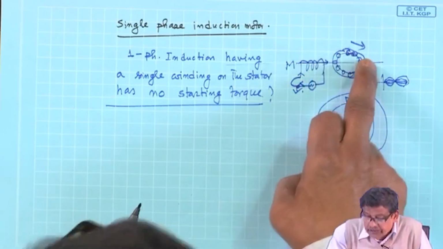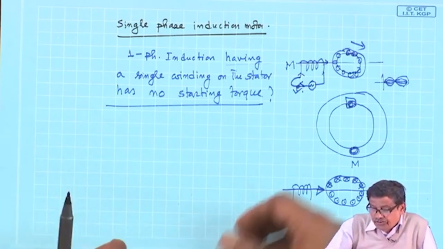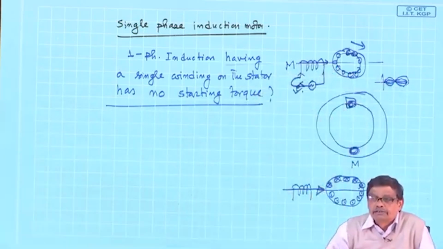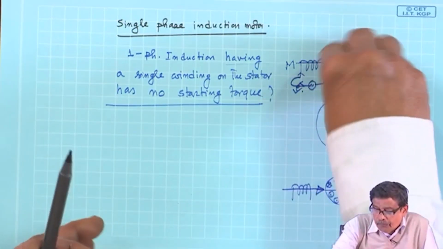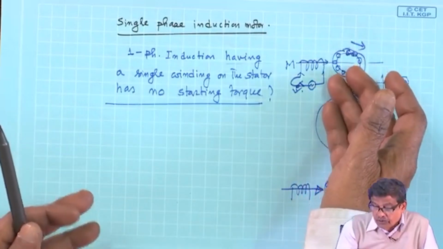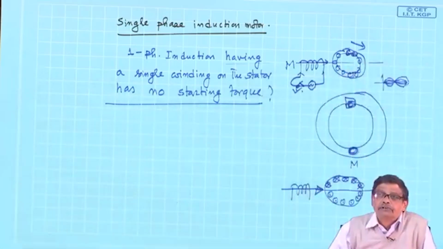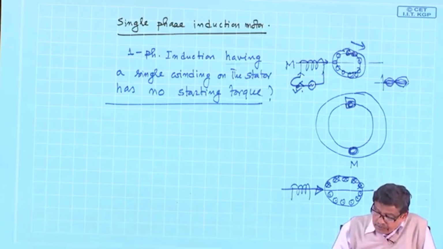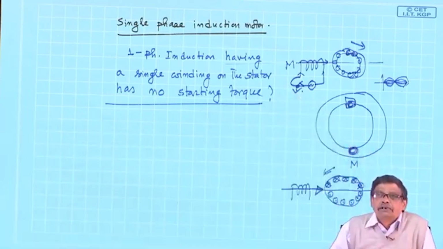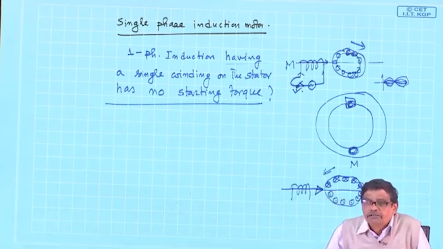In which direction it will rotate is decided by the direction in which you have given that spin initially. If you give it a movement clockwise, you will find that the rotor is accelerating. Remove your hand and it settles down to some speed. Similarly, if you have given a spin in the anticlockwise direction, the rotor accelerates once again and settles down to a final speed.